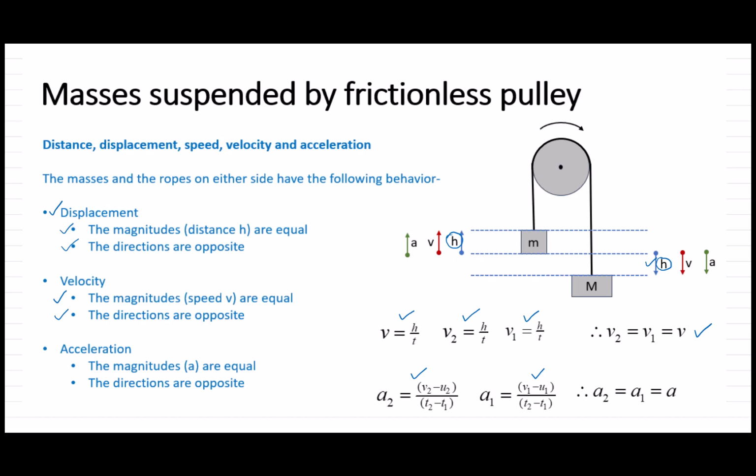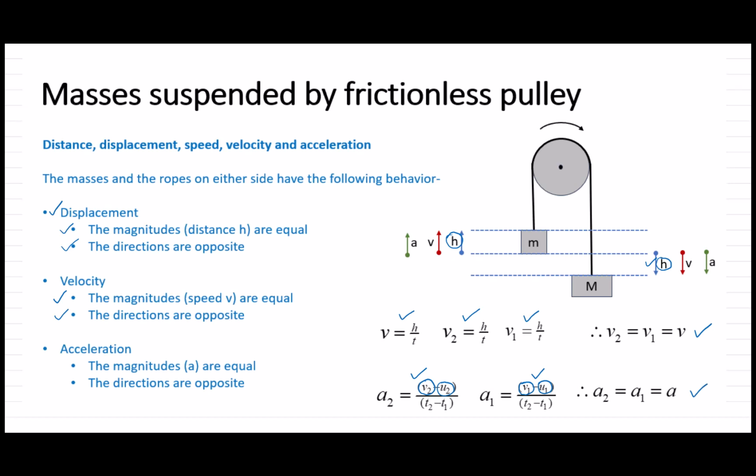We know that v2 is equal to v1 because the speed at any time for the two sides is the same, and also u2 has to be the same as u1 for the same reason. Therefore, the numerator and the denominator for both sides are the same, and we conclude that acceleration a2 equals a1 equals a.